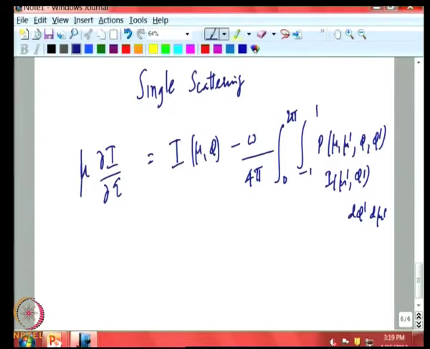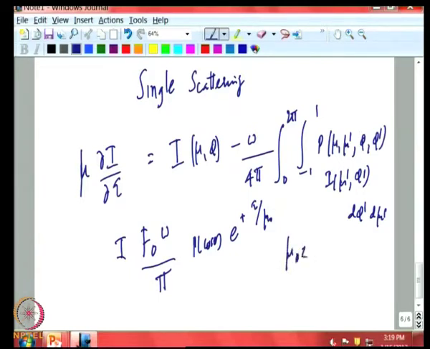So, if F 0 is the flux coming in, we can write, you can clearly see that where mu 0 is negative.